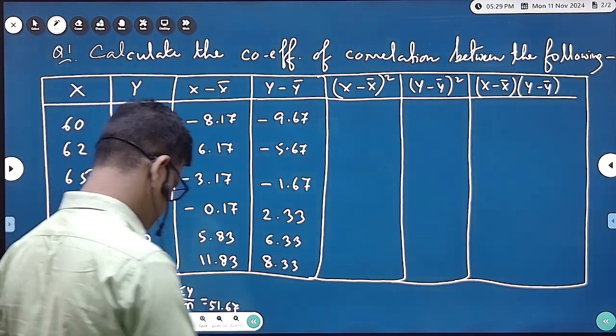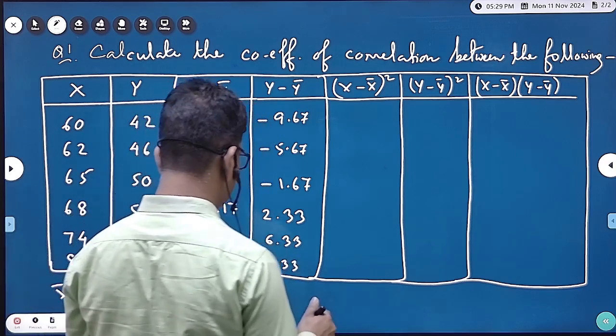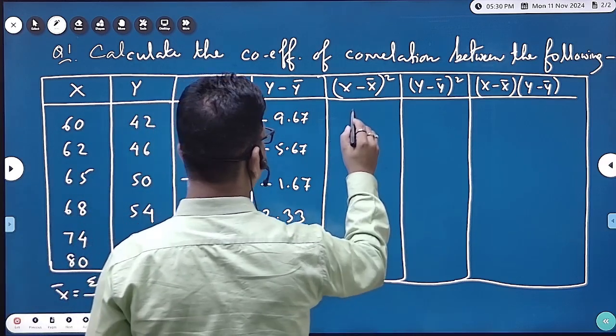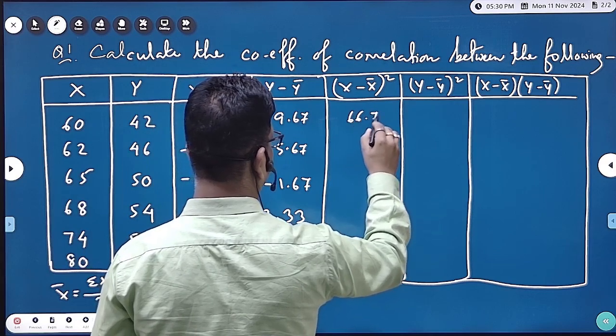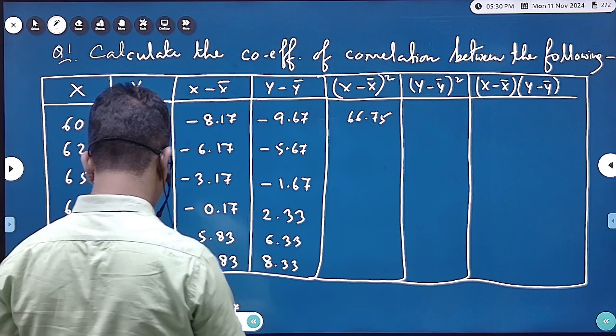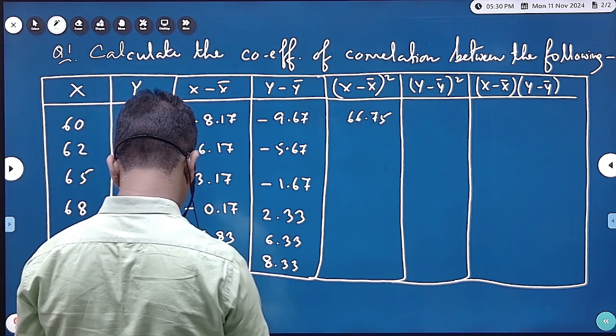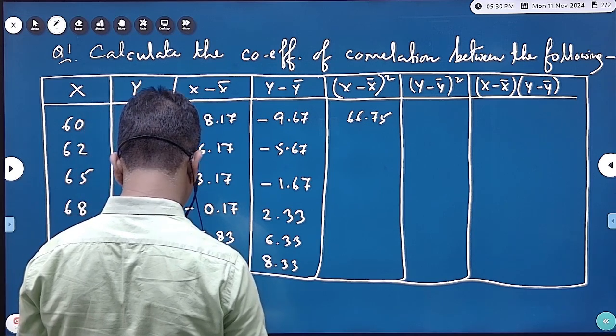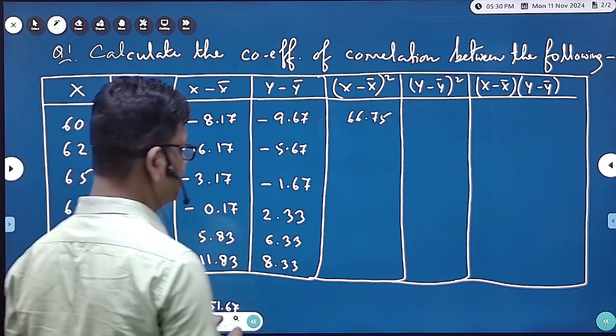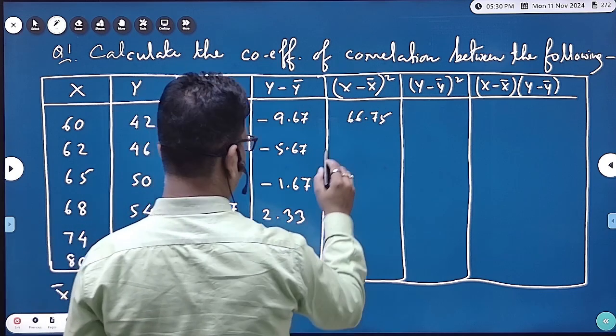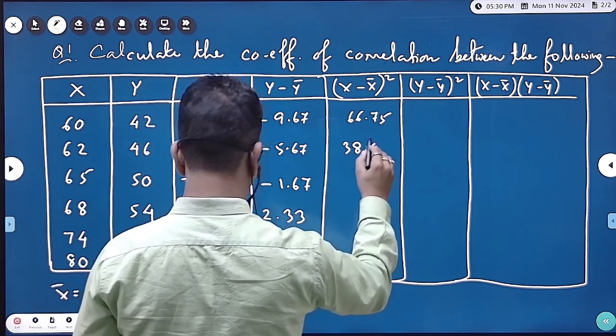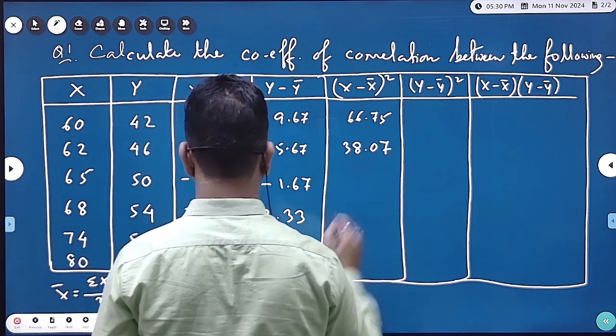8.17 into 8.17 is 66.74 and so on, so we can round it off to 66.75. So this is 6.17 into 6.17, 38.068, yes or no? So you can do it, 38.07.